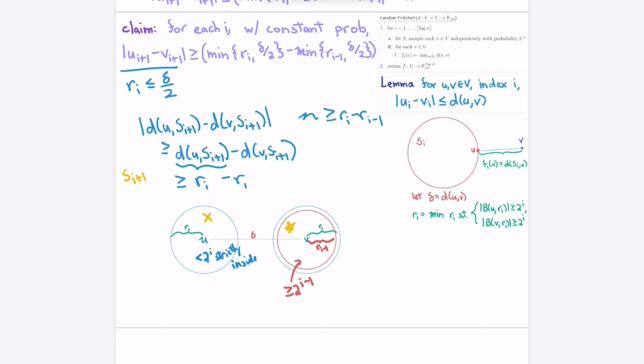It's going to be at most Ri minus 1, and there's a negative sign, so you still get the greater than or equal. At most Ri minus 1 because it's inside this ball. So if I can hit this and not hit that, then I'll get that term I'm looking for. Right, so that's good. So now what's left is what are the odds of that happening?